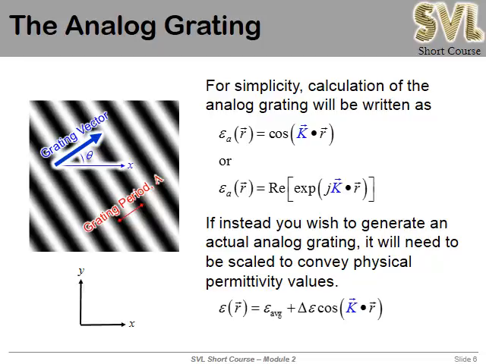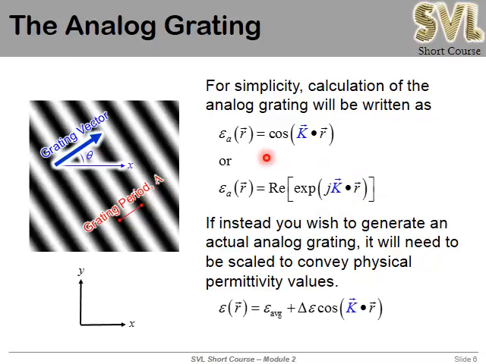So we'll designate this analog grating with an A subscript. The analog grating is limited either between -1 and 1, or sometimes between 0 and 1. And we can calculate it either with a cosine of K dot r or equivalently as the real part of a complex exponential of K dot r.